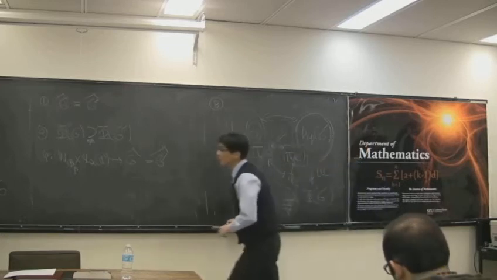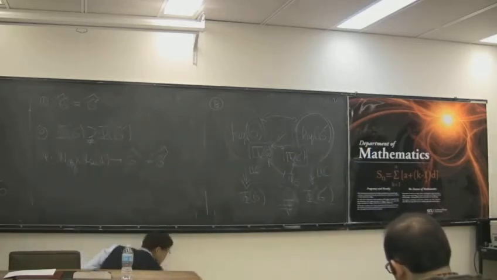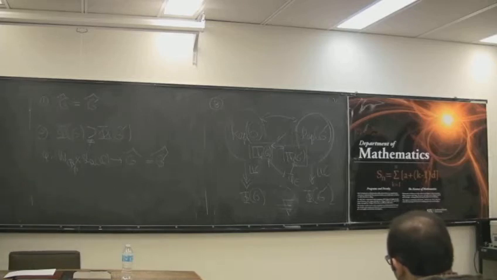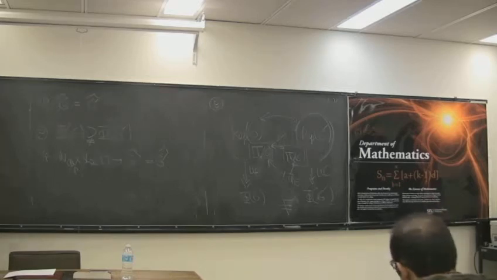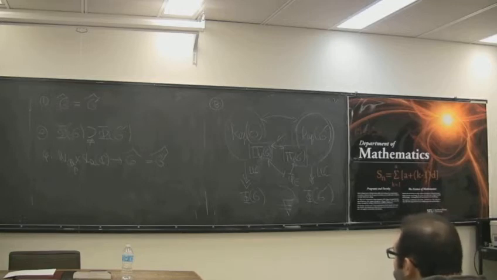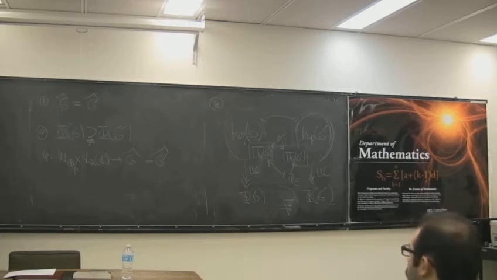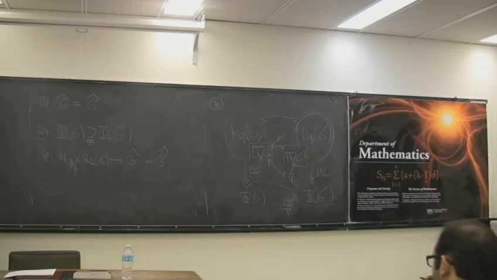Okay. So with this in mind, the following question makes sense. Pick an element pi in the L-packet of the quasi-split group, pick the other element pi prime from the non-quasi-split group, and the question asks about some representation theoretic object attached to pi and the object attached to pi prime.